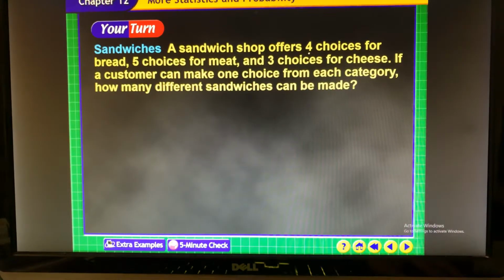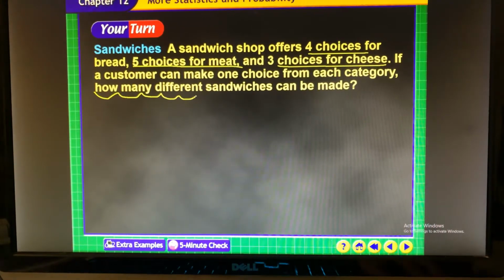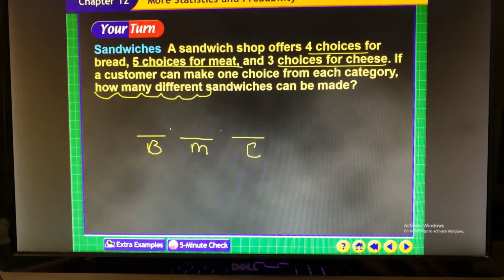A sandwich shop offers 4 choices for bread, 5 choices of meat, and 3 choices of cheese. If a customer can make 1 choice from each category, how many different sandwiches? Well, how many things do you get to do? I get to pick bread. I get to pick meat. I get to pick cheese. That's all I get to pick.